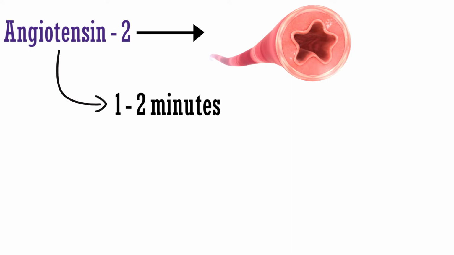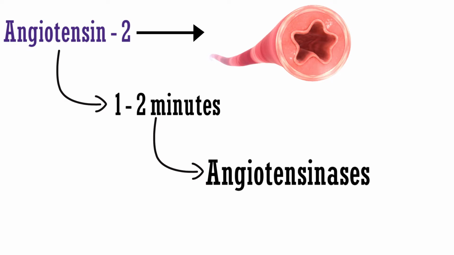Angiotensin 2 has strong vasoconstrictive properties, so it causes significant changes in the blood pressure, but it only persists in the blood for about 1 to 2 minutes, because it is rapidly inactivated by enzymes called angiotensinases. Angiotensin 2 has two principal effects that elevate the blood pressure. The first is the vasoconstriction of the arterioles that results in an increase in the total peripheral resistance.